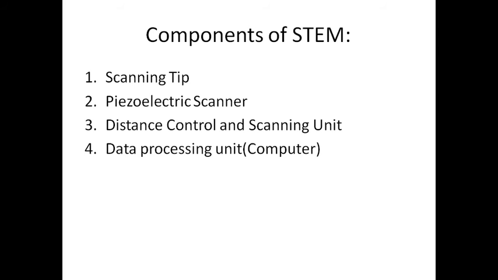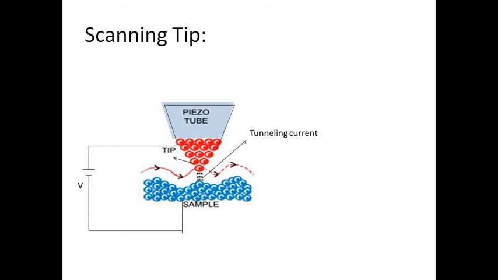Next is the piezoelectric scanner. The scanner tip is attached to a piezoelectric tube scanner. This is the idea about the scanning tube. See here, this is a tip and this is a sample surface which is joined by a voltage, and this is the piezo tube which is attached to the tip.